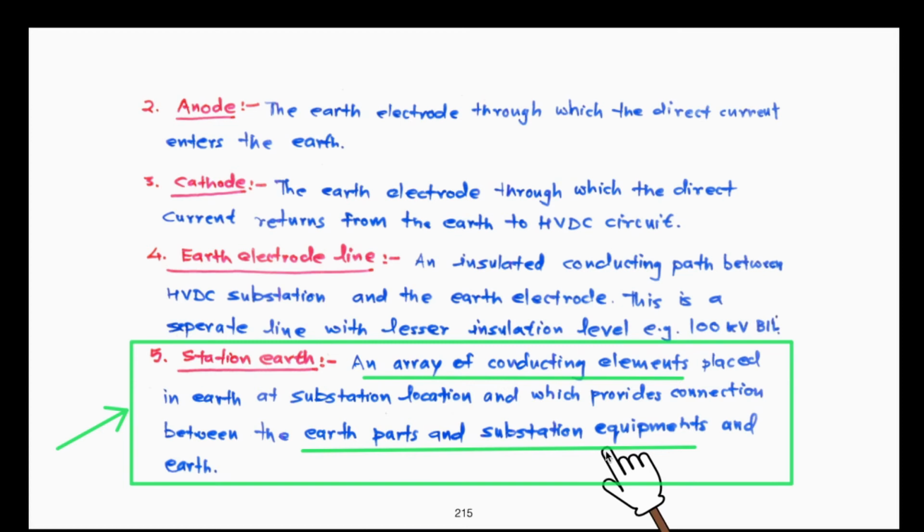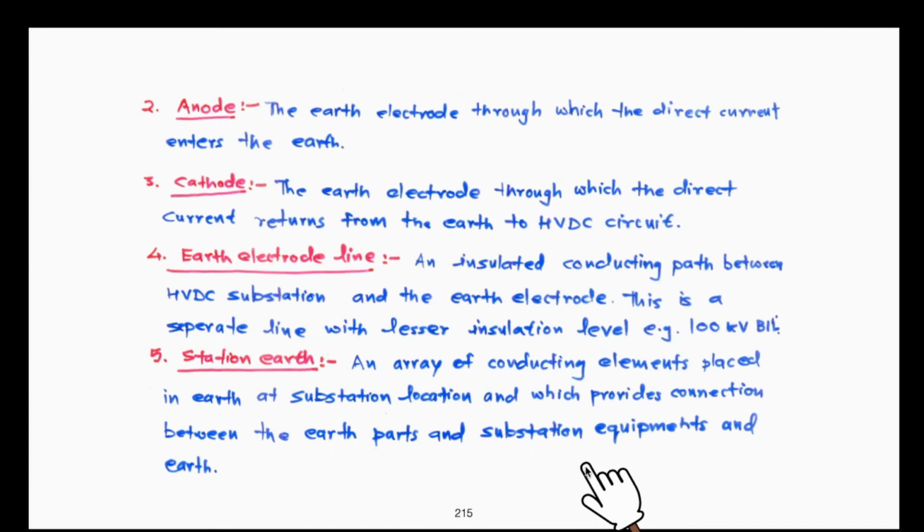The building structure and the lightning arresters are also connected to the earth, isn't it? So this is station earth. It's an array of elements which provides protection against short circuits. Station earth, typical earthing, that is what we study.